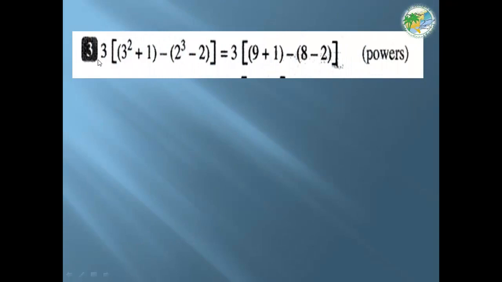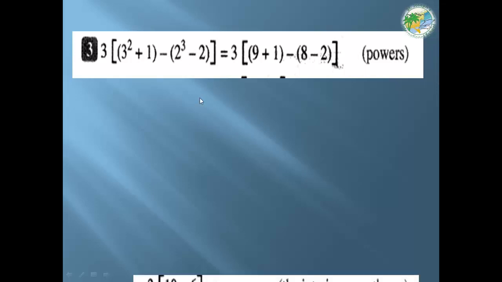Now 3 times bracket. We have two interior brackets. 3 power 2 plus 1 minus brackets 2 power 3 minus 2. The first step should be to solve the power inside the bracket. Then it will be 3 power 2, 9, plus 1 minus 8 minus 2.